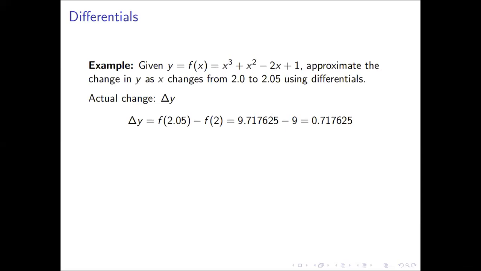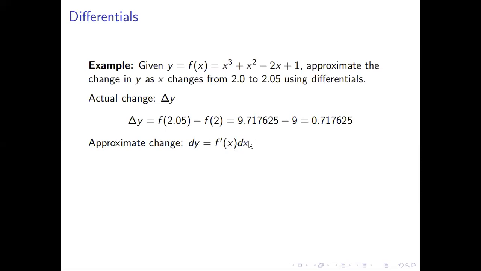Now, notice to get the actual change, it takes a lot. You have to plug in, and the expression is not a very short or simple one. So sometimes it's better if we just approximate it when approximating is a lot easier or simpler. Now, to approximate delta y, we will use the differential defined a while ago by this equation. dy equals f prime of x dx.